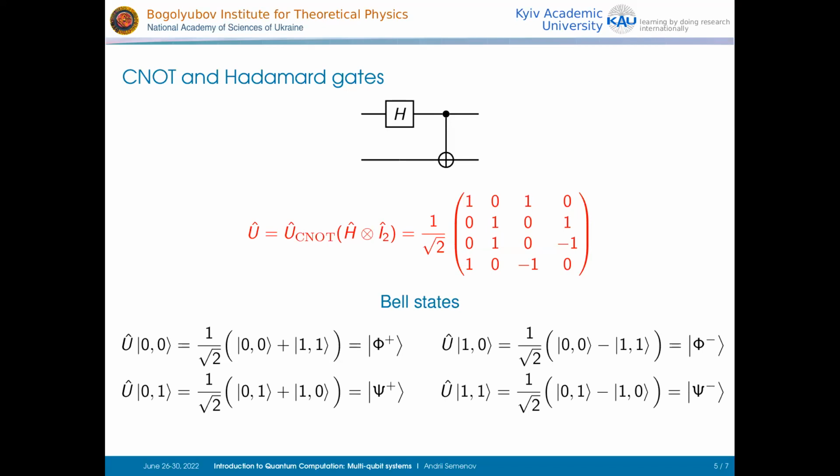In the field of quantum information, there are well-known books. Oh, my camera doesn't work properly now. Sorry. I recommend a book, Nielsen and Chuang, Quantum Computation and Quantum Information.